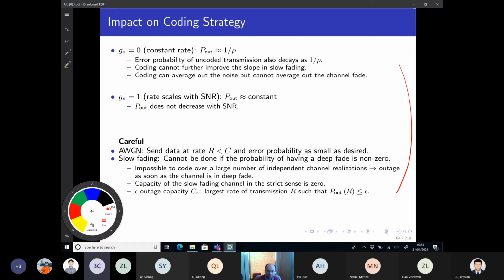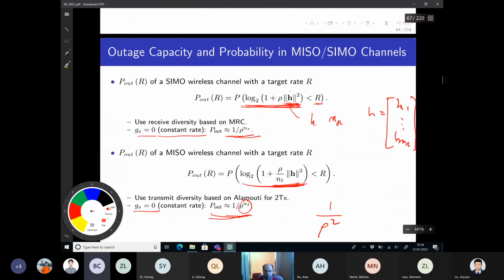While with fast fading, even if you don't know the channel at the transmitter, you're able to encode over many realizations of the channels. And so the outage will never occur as long as you can encode over many realizations of them, and then you can achieve the ergodic capacity. So those are two different notions that occur when you play with fading channels.